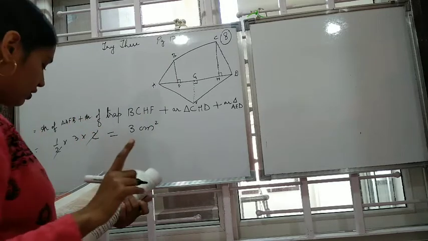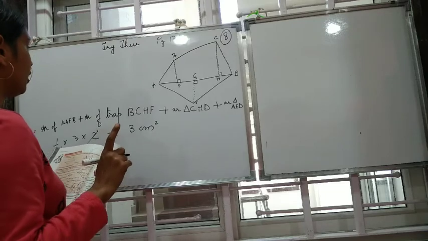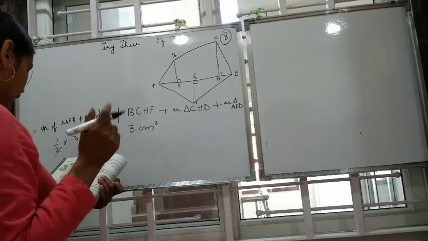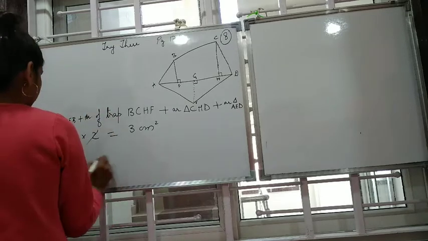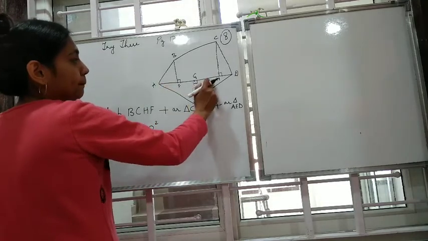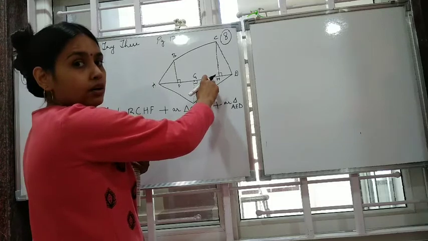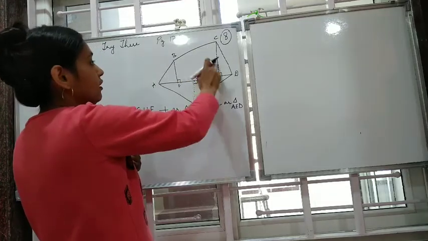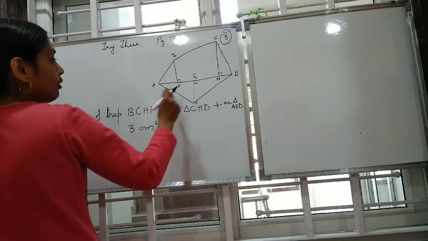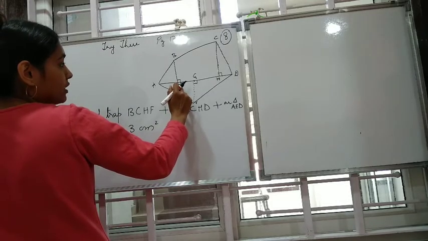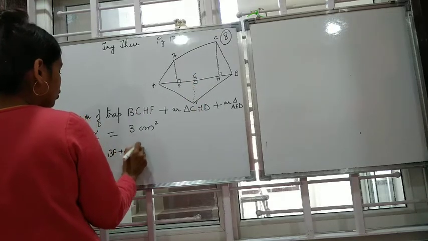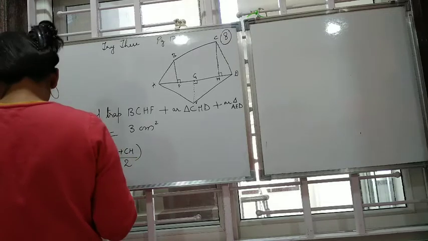Then area of trapezium. Area of trapezium FBCH, the same thing, BCHF, what I have written, is equal to FH, that is base, into sum of parallel sides by 2, right? What are the parallel sides? BF and CH. BF plus CH by 2.